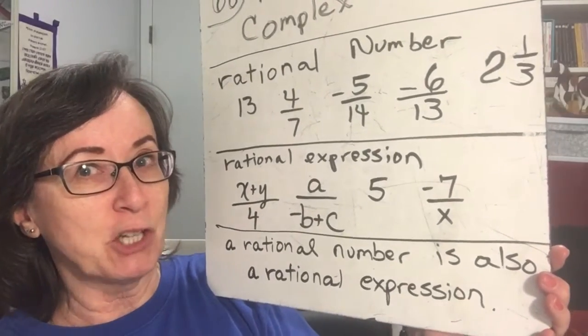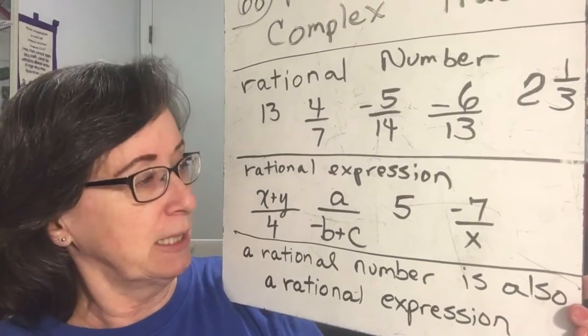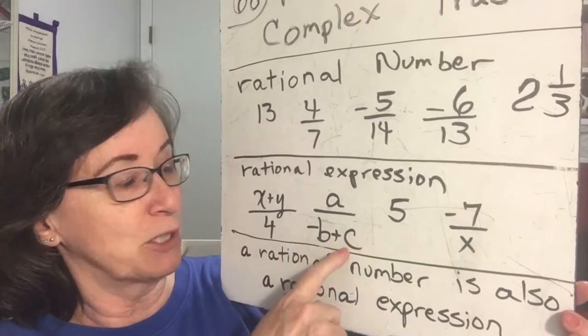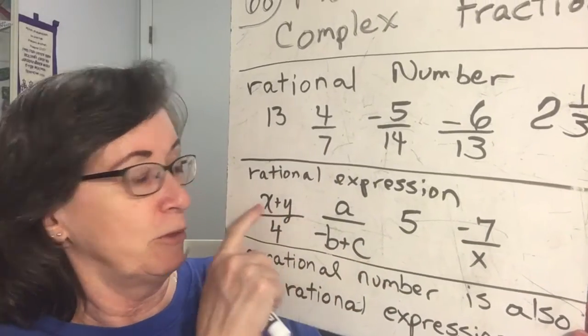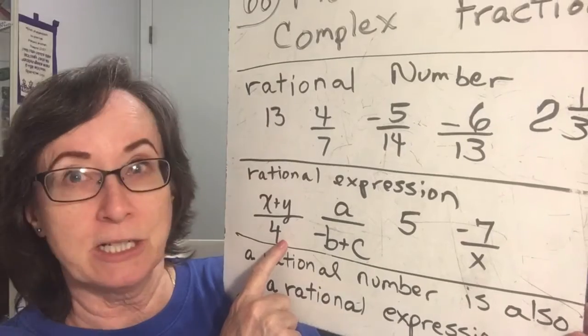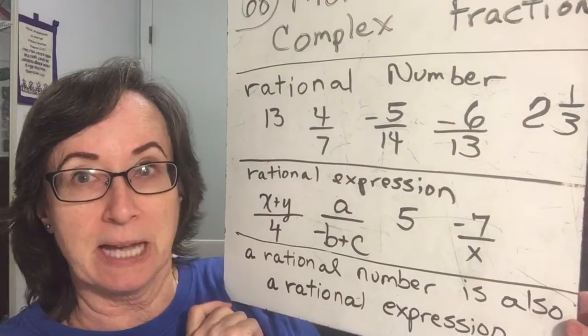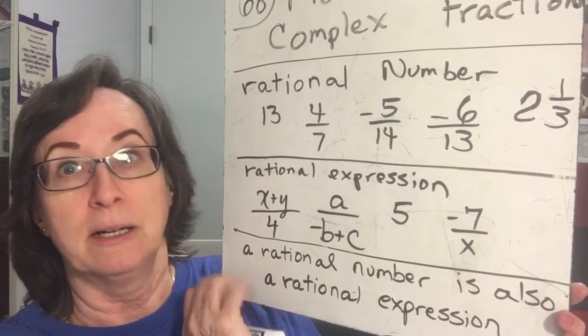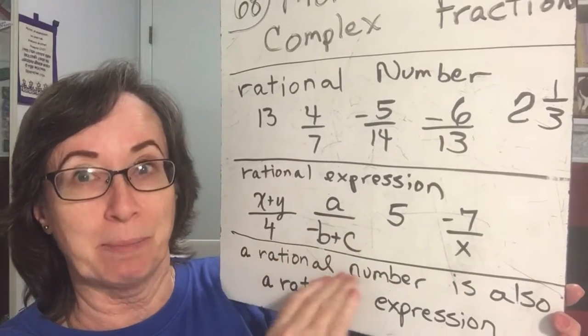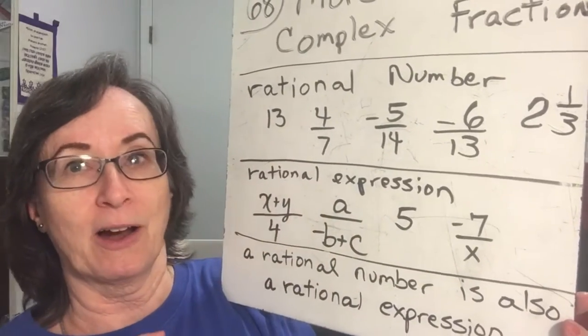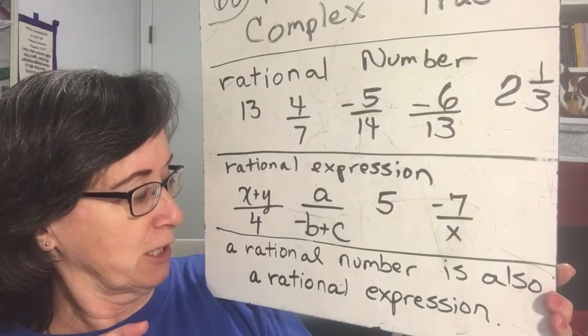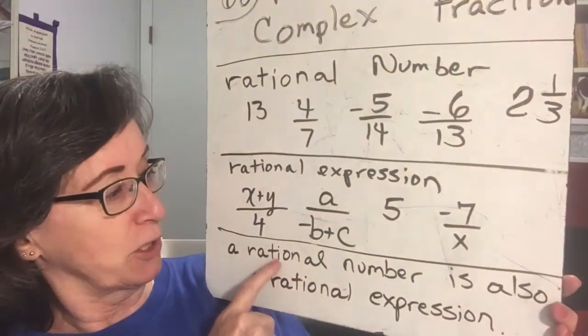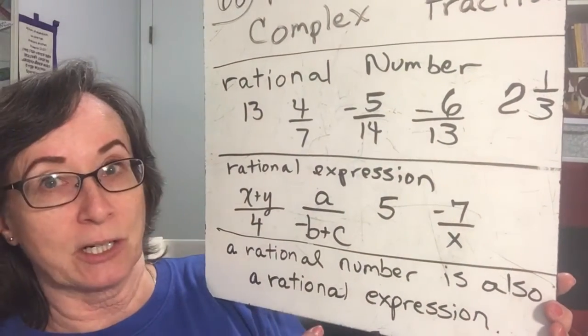And so many terms is a polynomial. And here we have two terms, and here we have two terms, but then we have one term on the bottom and one term on the top, but they're all polynomials divided by polynomials, therefore they are rational expressions. So here we say a rational number is also a rational expression.